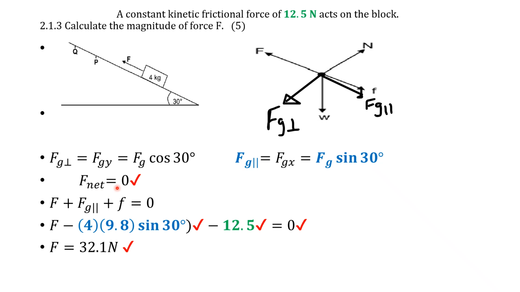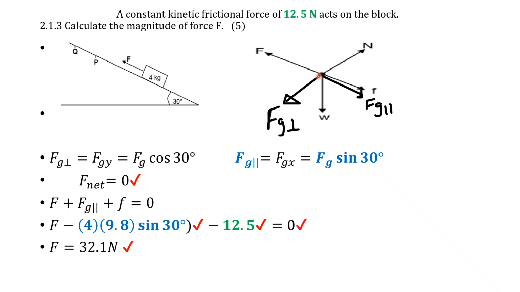So to get to F, that's what they want, I need to know F net equals 0 because I have constant velocity. So I have my friction plus Fg parallel plus F equals 0. But Fg parallel and friction are acting in the opposite direction to F, so they become negative and negative.